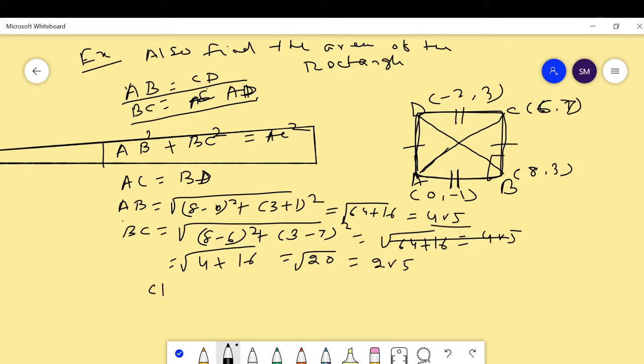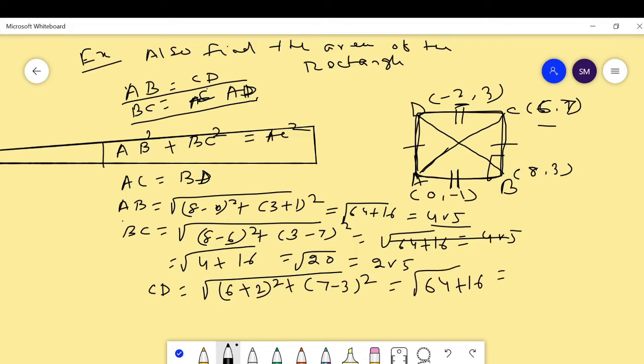Then CD is equal to square root of (6 minus of minus 2) whole square, that is 6 plus 2, plus (7 minus 3) whole square, which is 8 square 64 plus 16, which is equal to 4 root 5. Then AD in the same way.